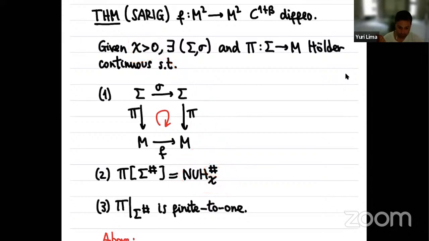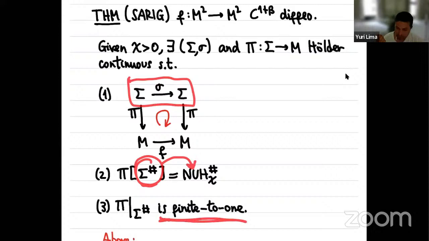What we are able to do is to construct the symbolic object to which a subset of it falls inside this set of good non-uniform hyperbolicity, and the coding is finite-to-one on it.